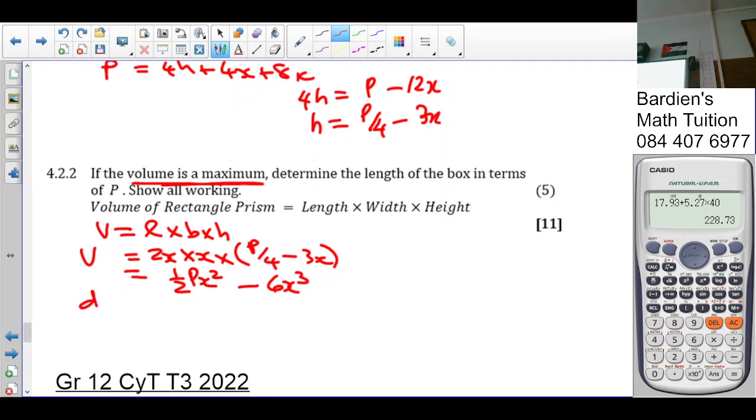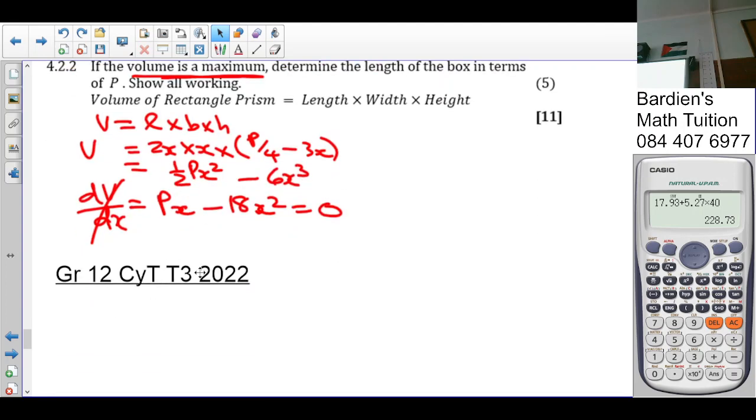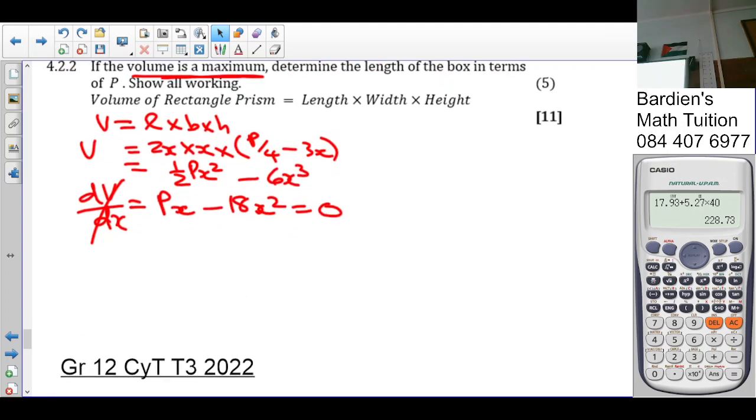So you say the derivative of volume with respect to x is going to give you px minus 18x squared. But what do I do with that? I set it equal to 0, so I can drop that. So at this point we don't need this, we can move it on. At this point, we can factorize the x. So it's x into p minus 18x is equal to 0.